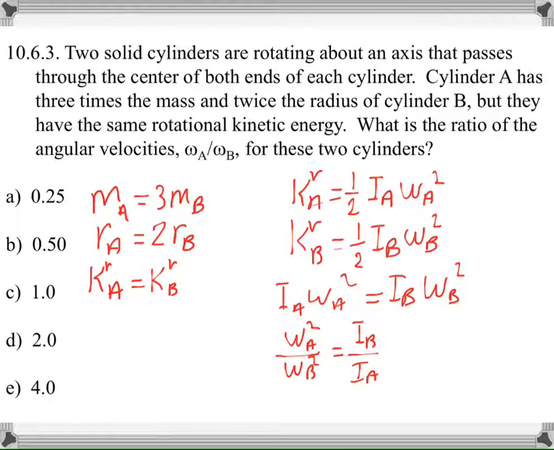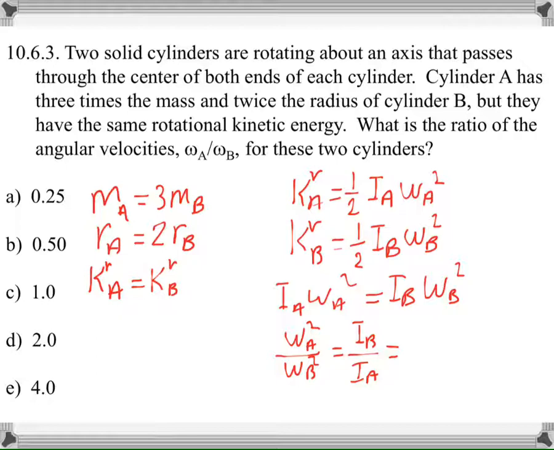One is solid cylinder. They are the same. They are both solid cylinders. Okay, their geometry is the same. So let's then express IB and IA. Well, IB for solid cylinder, solid cylinder means disk, right?